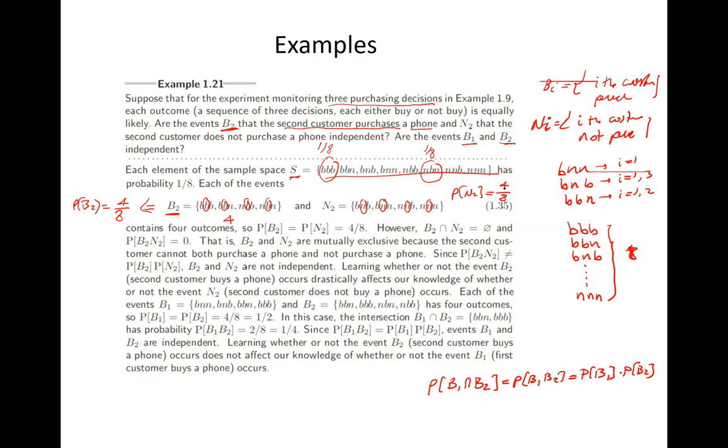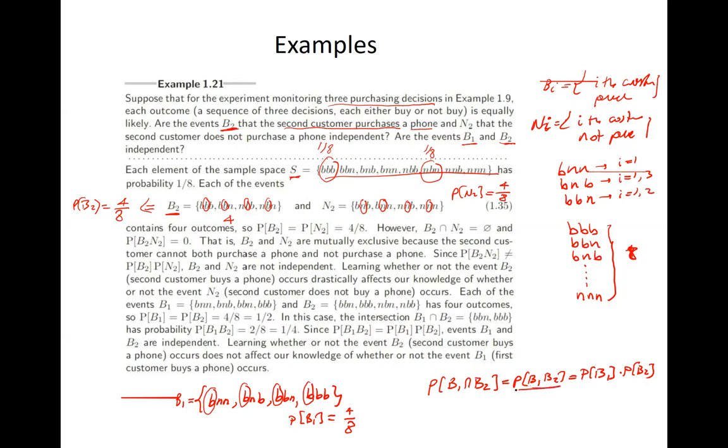Let's see probability of B1. For probability of B1, we use the outcomes here, B, N, B, B, and B, B, N, and B, B, B. The first customer purchased something. So probability of B1 is again 4 over 8.